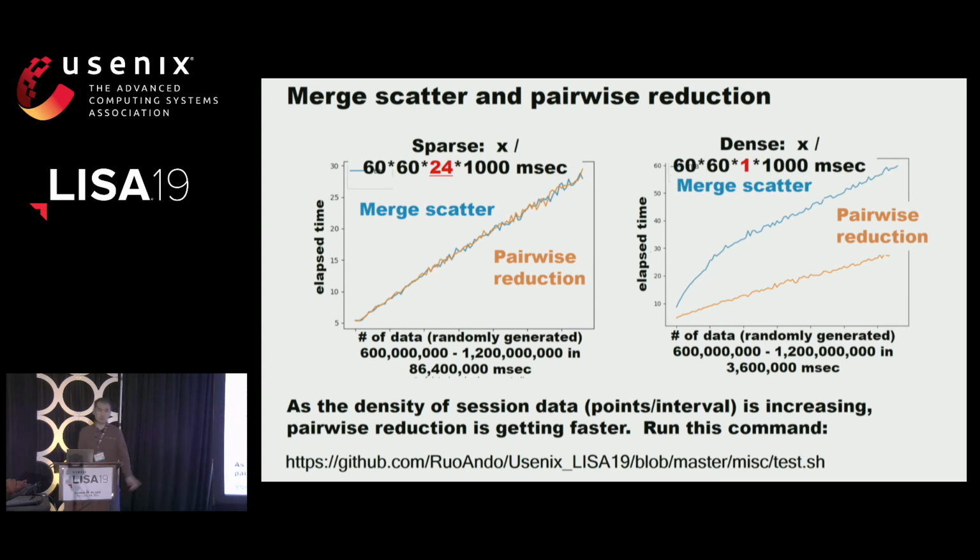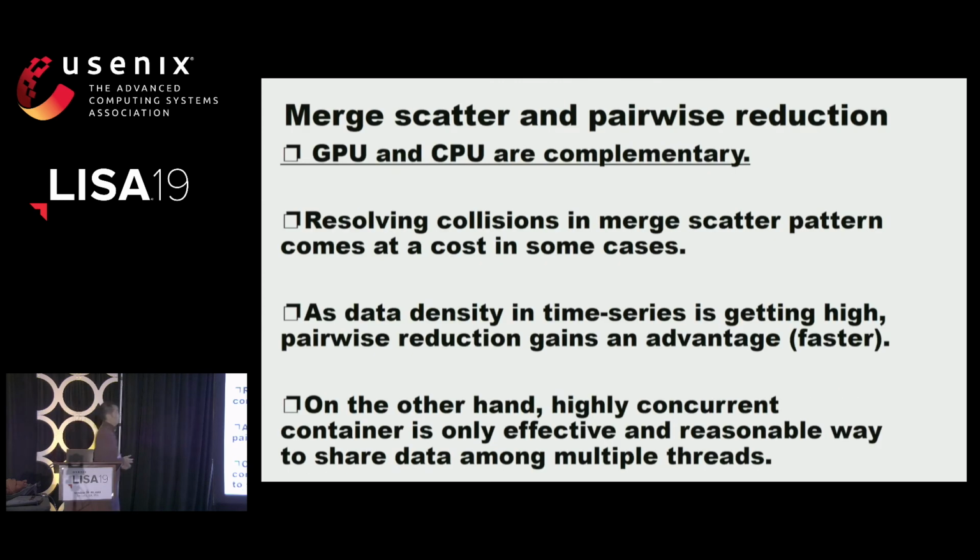This result is architecture or operating system independent. So if you're interested, please try this command. You could get a similar result to this slide. The conclusion is that the GPU and the CPU are complementary, because the CPU is slow when executing merge scatter pattern.